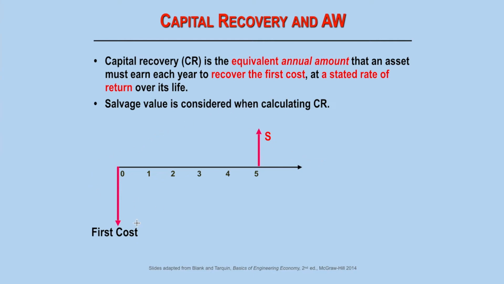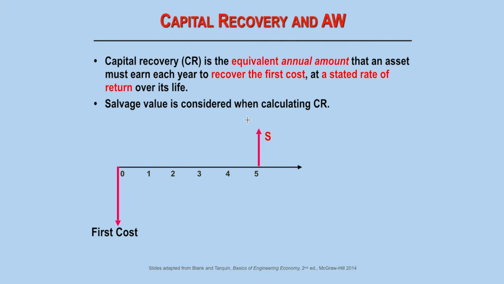At year 0, you have the first cost of purchasing or installing that asset, and at the end of the lifetime of the asset, there is a resale value or salvage value of that asset. When we calculate capital recovery, what we are trying to find is the annual amount in revenue that the asset must generate every year throughout its lifetime in order to recover this first cost at a stated rate of return.